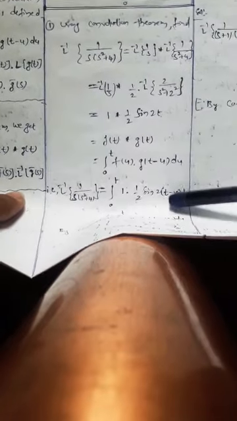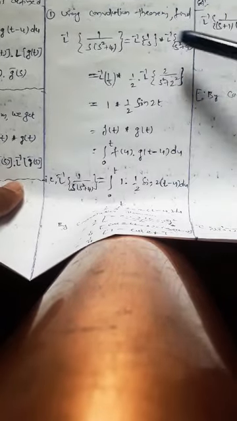Now 1 by 2 into 2 is 4, so we get cos of the upper limit minus the lower limit: t minus t is 0, 2 into 0 is 0, cos 0 is 1, minus cos 2t. So in this way we solved this problem by using the convolution theorem.